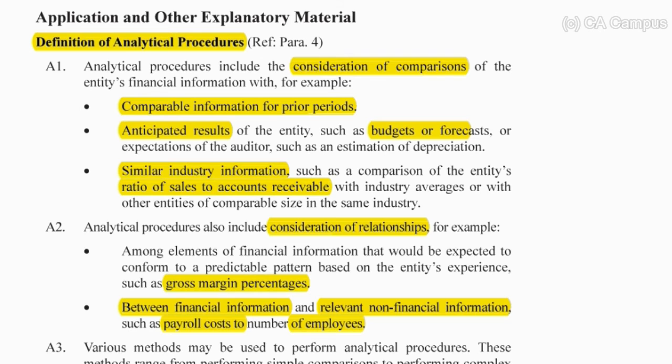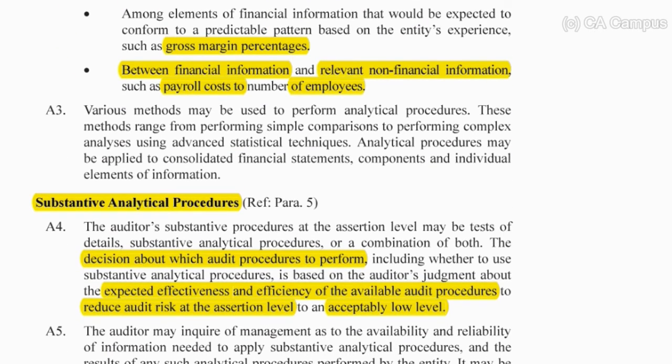It says it's considerations of comparison, so comparables to the prior period. Anticipated results or budgets, so doing a comparison with the budget or a forecast, or looking at the market, similar industry information. Then it also says it's relationships, so looking at items that have a relationship where you can predict how you expect one transaction to grow based on another or to decline based on another.